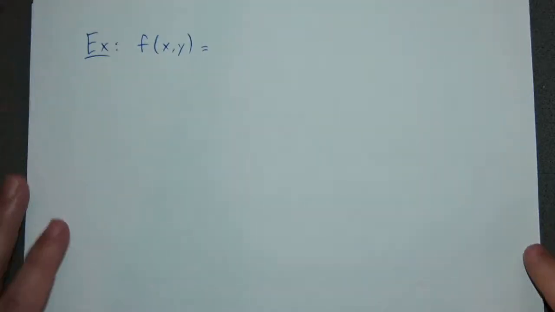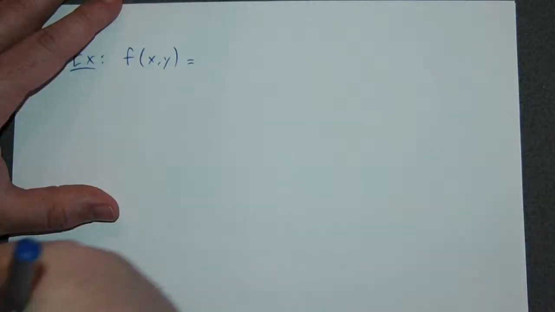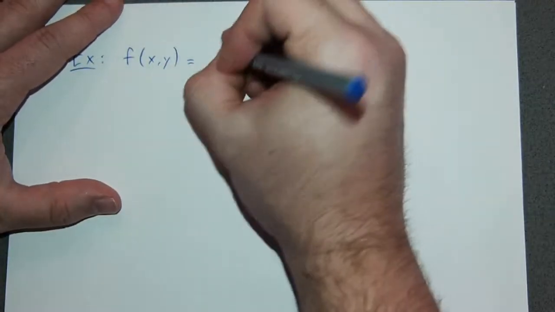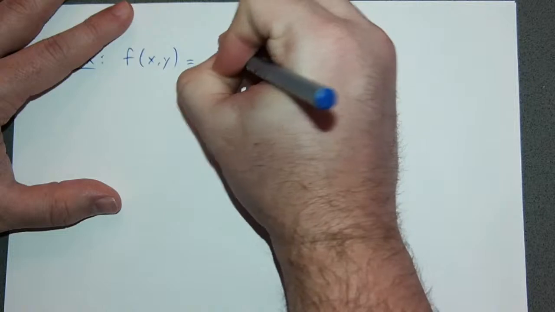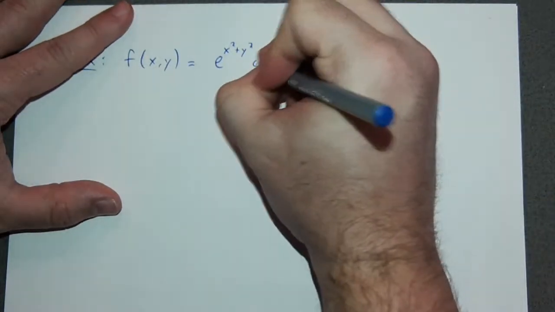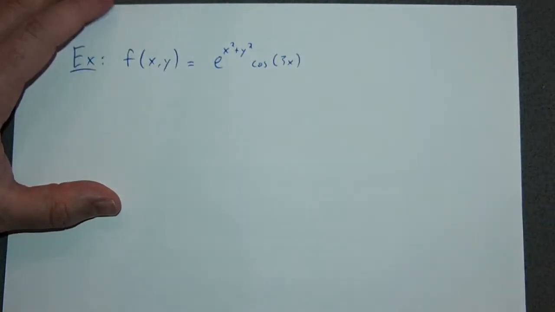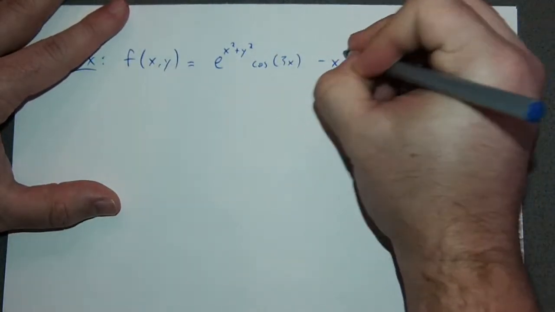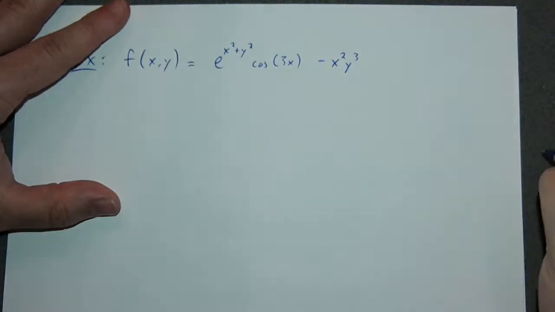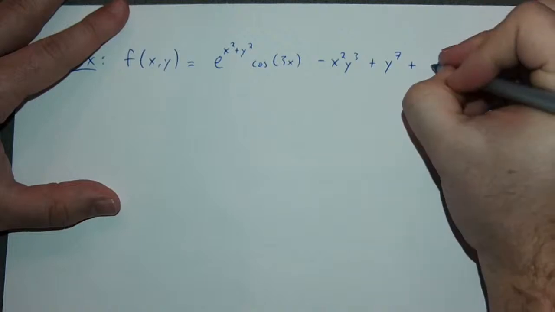So let's let f of xy be, we're just going to make up stuff here. Let's do something like e to the x squared plus y squared, times cosine of 3x, minus x squared y cubed plus y to the 7th plus square root of pi.